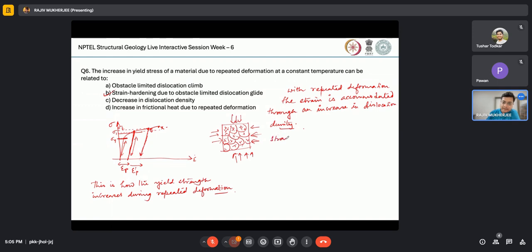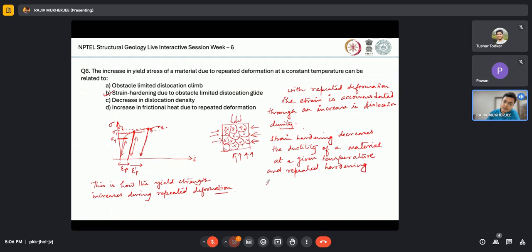So strain hardening decreases the ductility of the material for a given temperature, and repeated hardening eventually leads to rupture of the material.